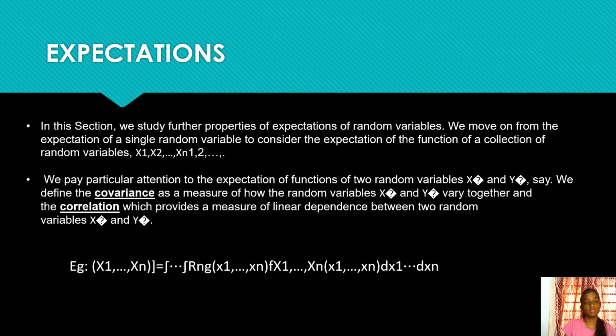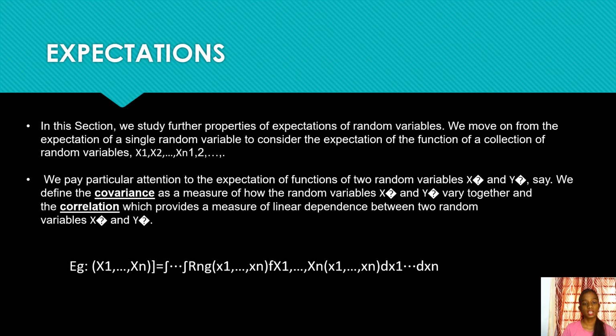So next we'll see what are expectations. In this section, we study further properties of expectations of random variables. We move on from expectations of single random variables to consider the expectations of functions of a collection of random variables x1, x2, up to xn.